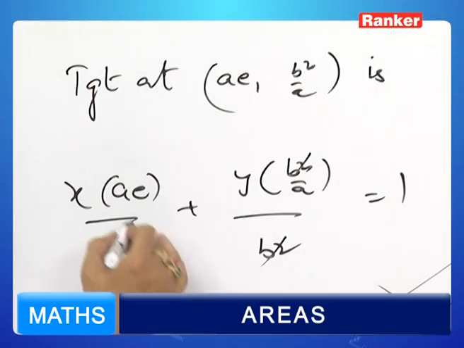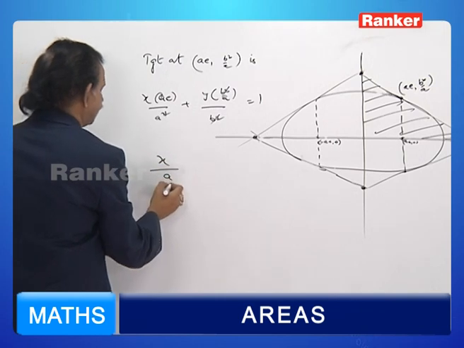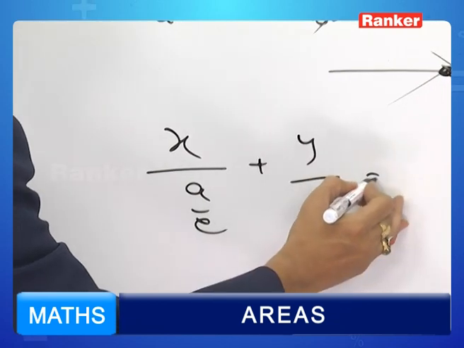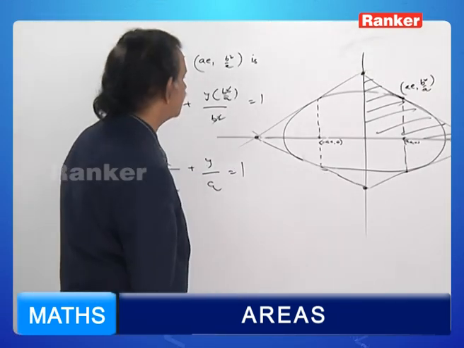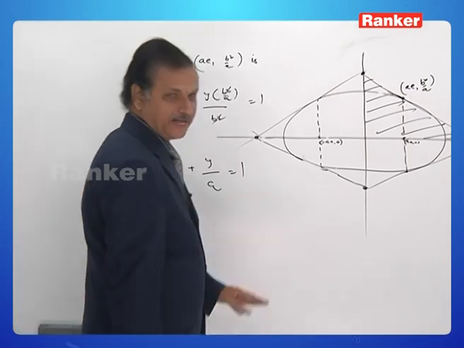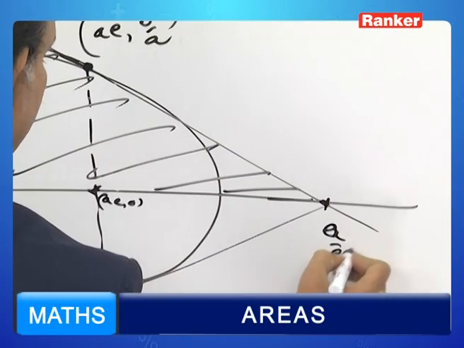You can cancel b square here, a here, so that it is x by a by e plus y by a is equal to 1. Therefore, x-intercept is a by e, that is this point is a by e comma 0.